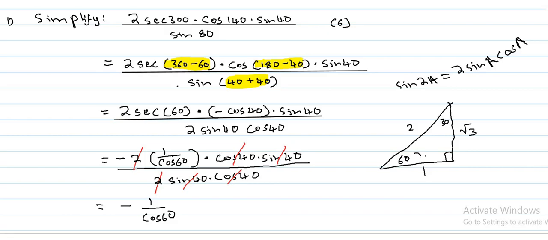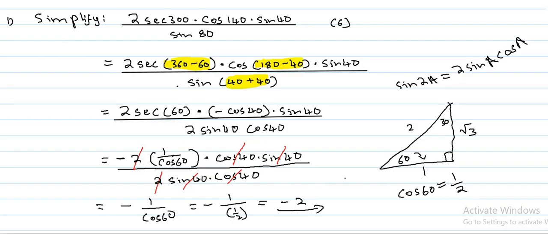Cos, remember, is the adjacent, which is the side closer to the angle, over the hypotenuse. So the cos of 60 is the same as 1 over 2. So this will be equal to negative 1 divided by 1 over 2, which is negative 2. Negative 2 is your final answer.